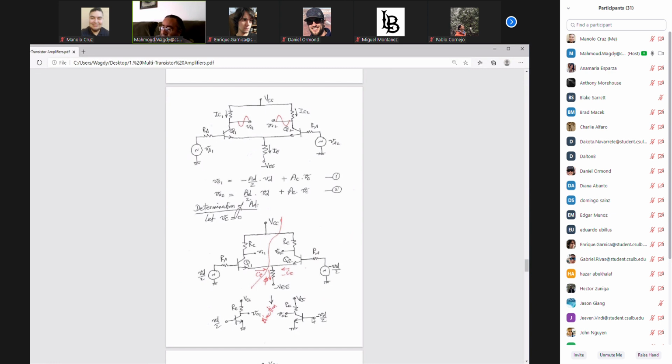But as far as the DC voltages are concerned, they are the same at both outputs. The difference in DC between the two outputs is called an offset voltage.